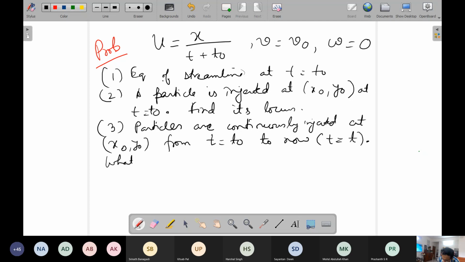So what is the equation of the colored line that you now see?